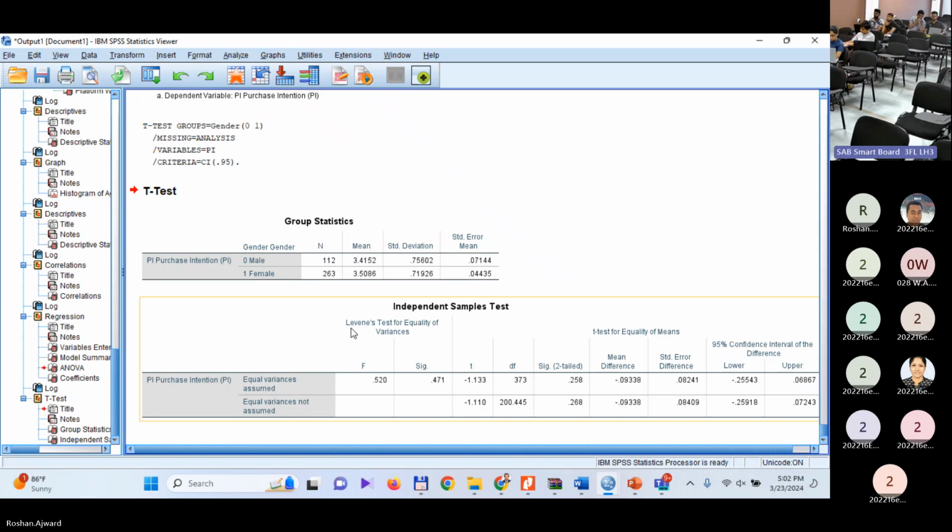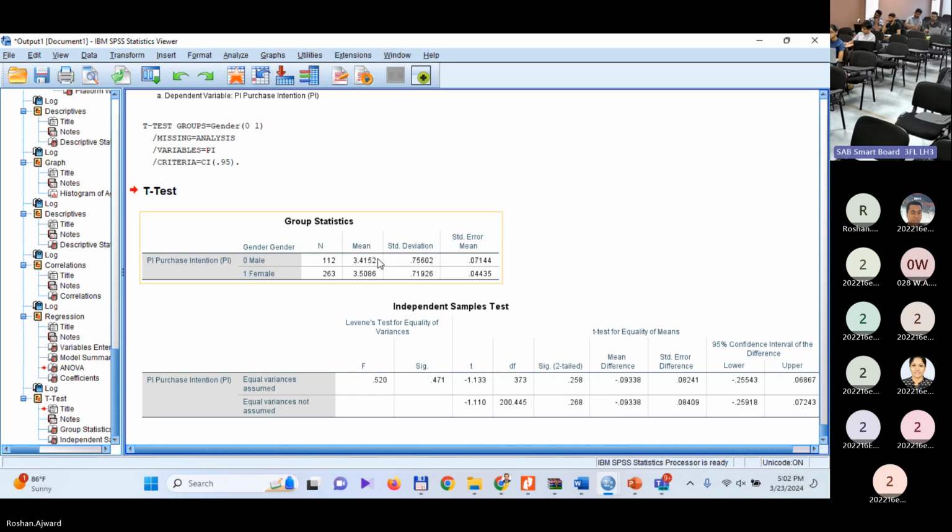You can see here, there are 112 males who responded to this survey, and their average purchase intention is 3.4. Can you see the group statistics table, the first table over here? For females, there are 263 females who participated in this survey, and their purchase intention is 3.5.